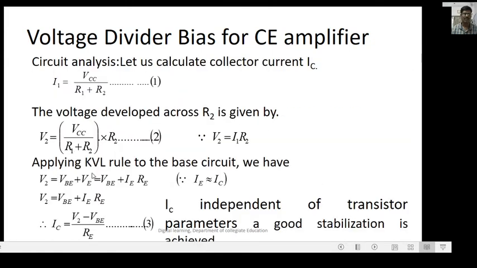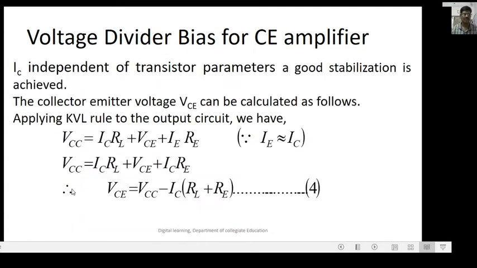Applying KVL, that is Kirchhoff's voltage law, to the bias circuit, we have V2 equals VBE plus VE. That is, V2 is equal to VBE plus IE RE. We know that IE is approximately equal to IC, so we can substitute IC for IE.